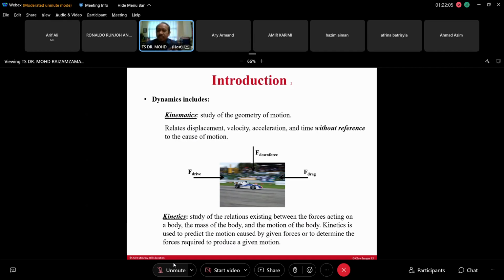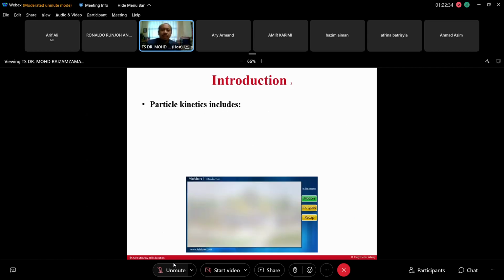The study of the relation existing between the forces acting on a body, the mass of the body, and the motion of the body. As I mentioned to you before, kinetics is used to predict the motion caused by a given force, or to determine the force required to produce a given motion. That's the kinetics. So, are you clear on kinematics and kinetics?